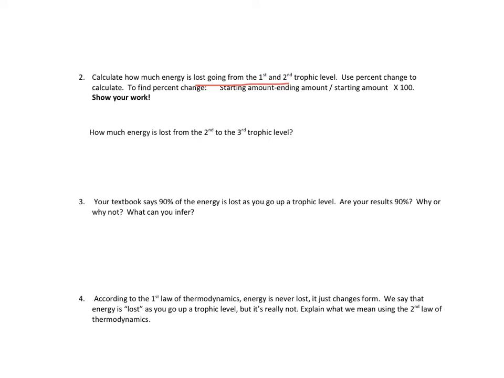So your percent change formula is the starting amount, that would be your producer, the ending amount, that would be the amount of biomass available at the primary consumer level, and then divide that by the starting amount. That will give you some fraction, and then you're going to multiply it to change it into a percent. And then I would like for you to do that energy lost from the second to the third trophic level as well.